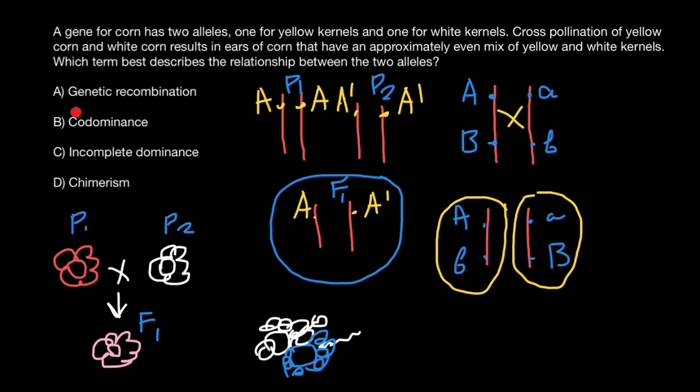And now the last example, codominance. Imagine that we have one plant with red flowers, another plant with white flowers, and when we cross these two plants, in the progeny we are going to get flowers with patches of red and white.